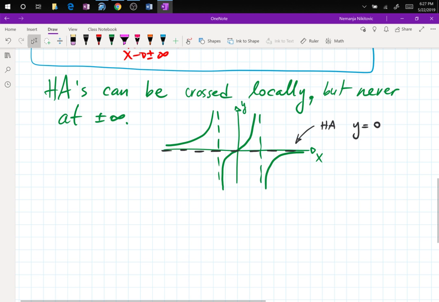Application for these asymptotes. One of the interesting examples that we can look at is the logistic model for, let's say, population. Take the simple, bad example of population: population is equal to initial population times e to the kt.